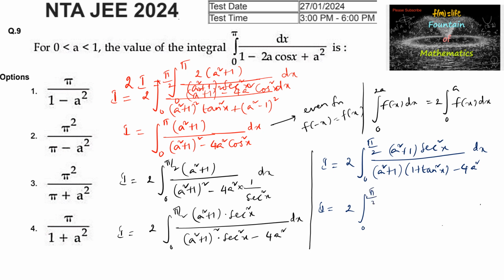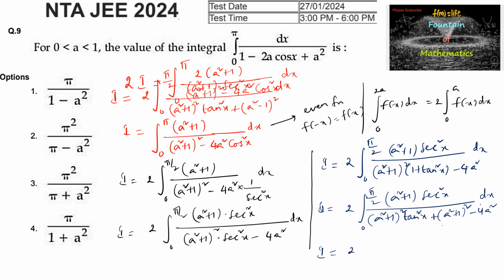That is, I is equal to 2 times integral 0 to pi by 2 of (a square plus 1) of secant square x upon (a square plus 1) of tan square x plus (a square plus 1), sorry, this is whole square minus 4a square dx, and we know that (a square plus 1) whole square minus 4a square is (a square minus 1) whole square.